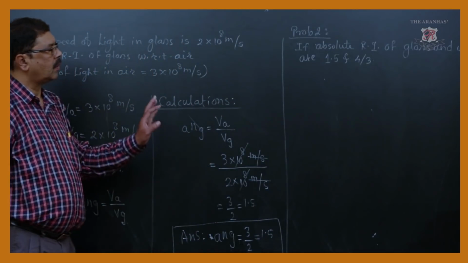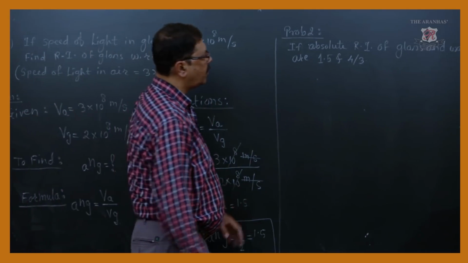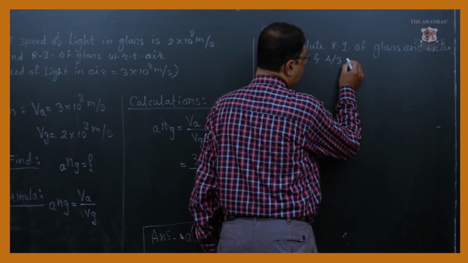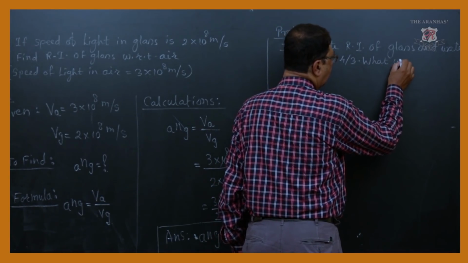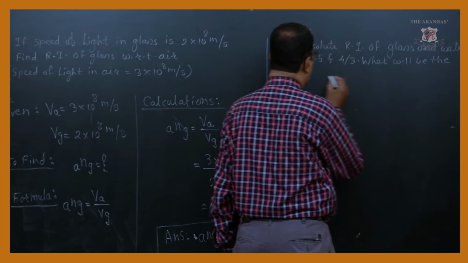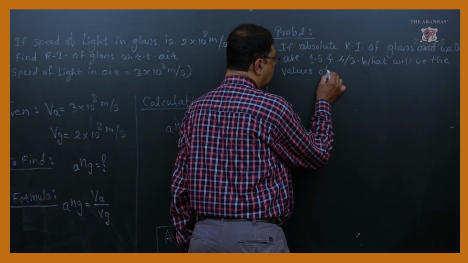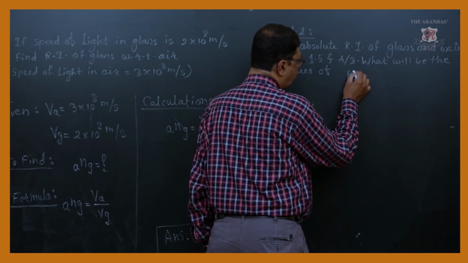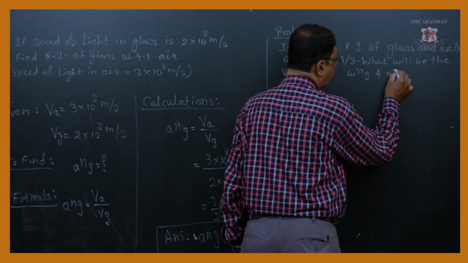Okay, observe. The absolute refractive indices of glass and water are 1.5 and 4/3. What will be the values of w_n_g and g_n_w?